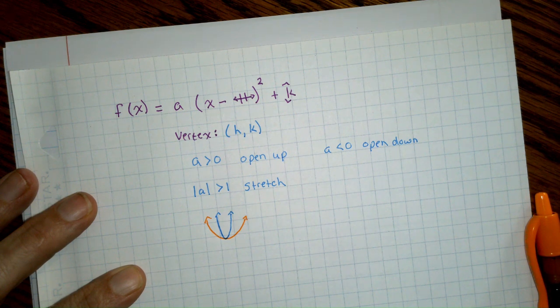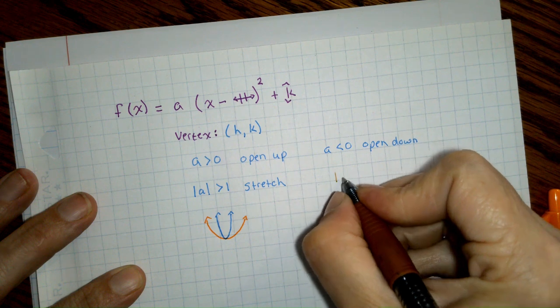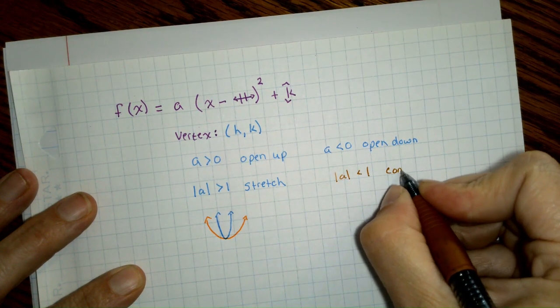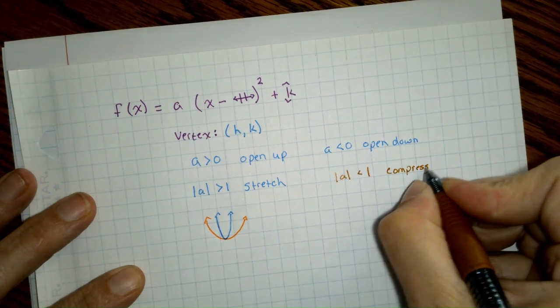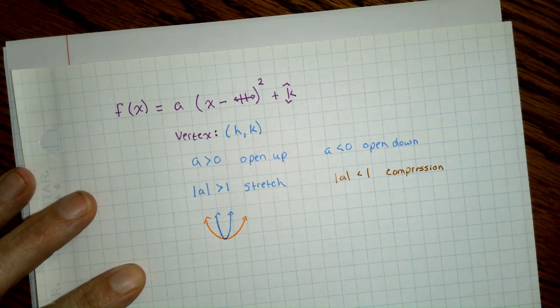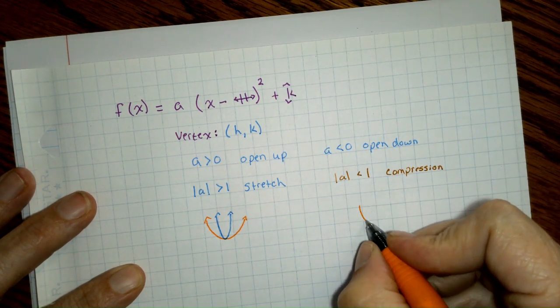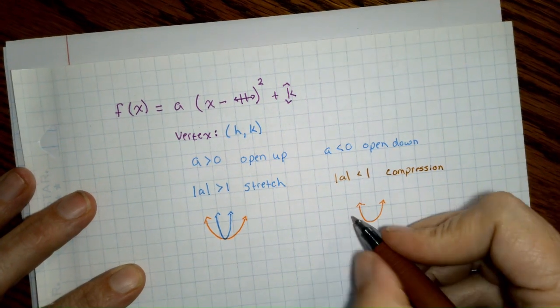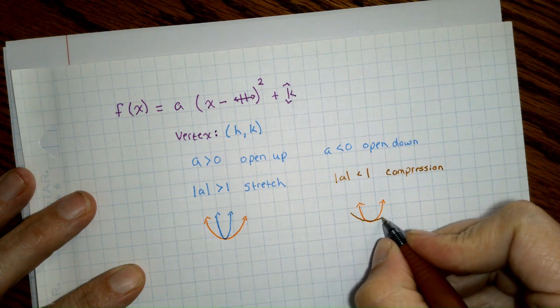If, however, your absolute value of A is less than 1, that's going to be a compression. If you have a bunch of money and you multiply it by 1/2, you have less money, right? So your parabola that would have been like this now is getting pressed down and it's growing a lot slower.